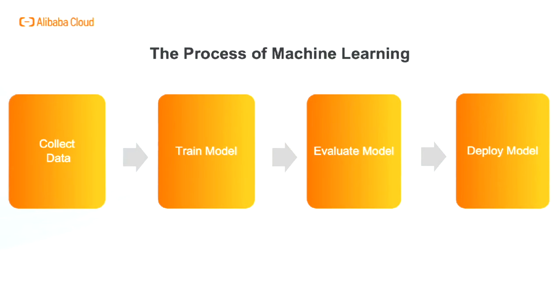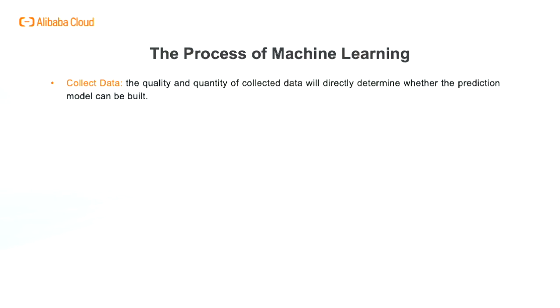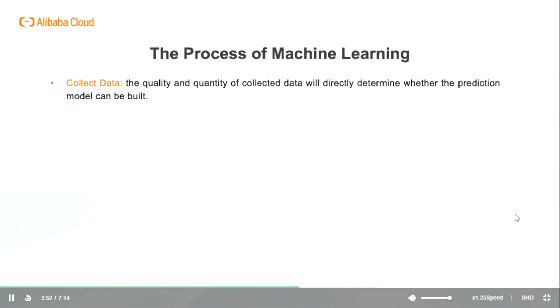After understanding the definition of machine learning, we will introduce the basic process of machine learning. The key steps of the machine learning process are collecting the data, training the model, evaluating the model, and deploying the model. Machine learning problems start with data, preferably lots of data for which you already know the target answer.